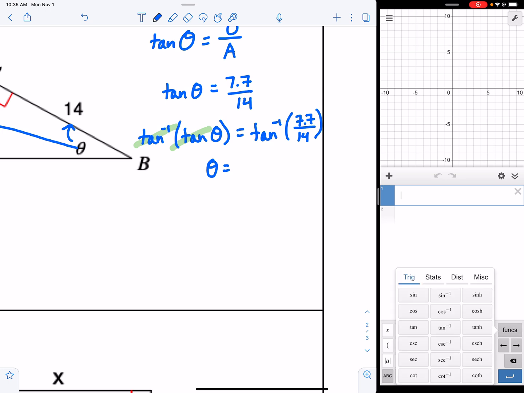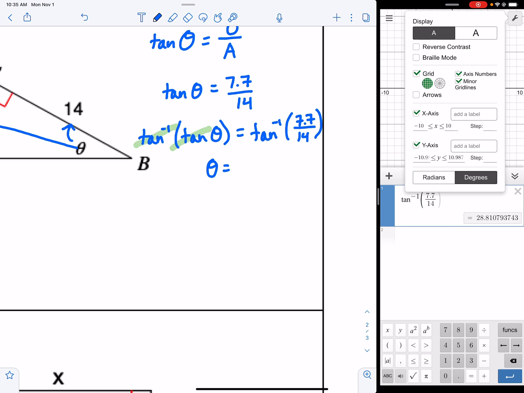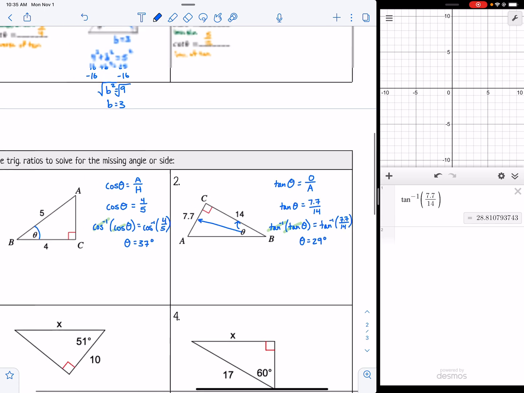Okay, so we hit functions, trig, inverse tangent, and then 7.7 over 14. And then just make sure you hit degrees so you get the right answer. They're very different looking otherwise. So that looks like round to the nearest degree, and that would be 29 degrees for theta.